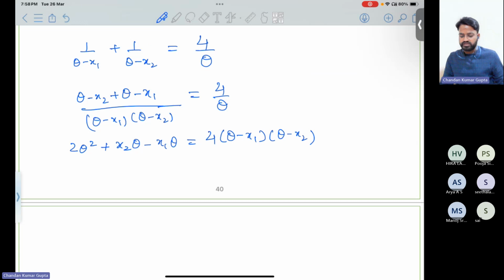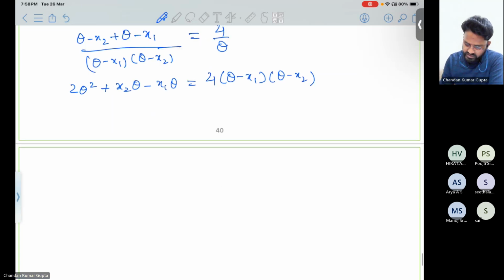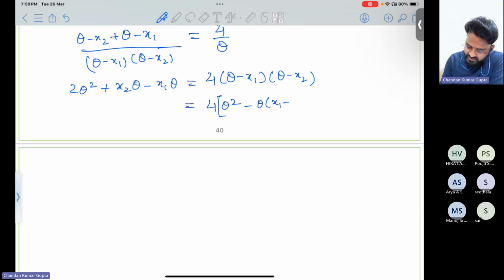We need to separate the theta from x, because x is a sample value. So we need to multiply this also: 4 theta square minus theta of x1 plus x2 plus x1 x2.